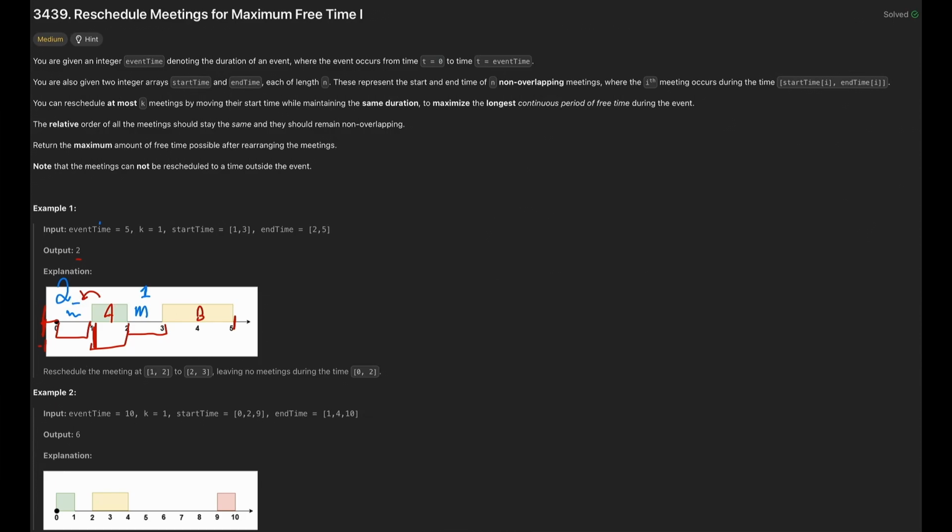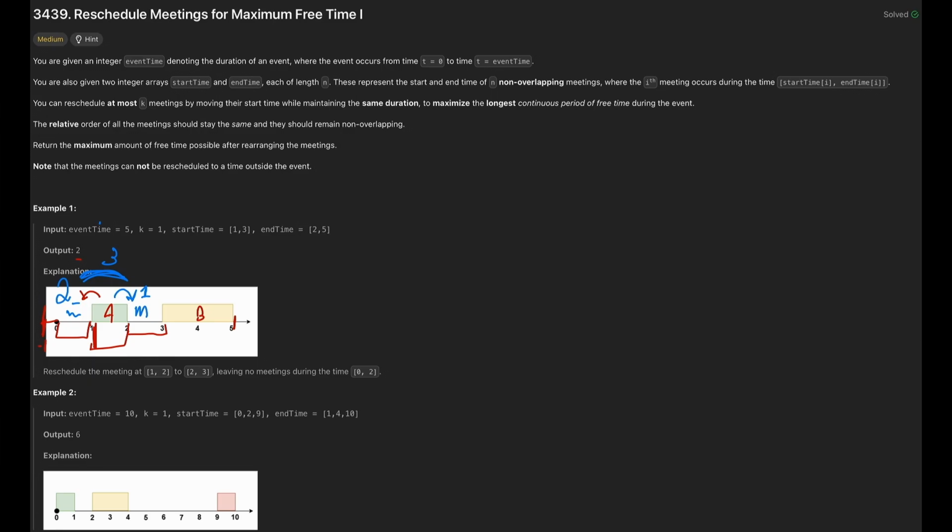And then the optimal way to solve it would be moving A over to the right to conjoin B. And then again, we would have a gap of 3 because we're joining together 2 and 1 here, right? So these two gaps are getting merged and becoming a greater gap.